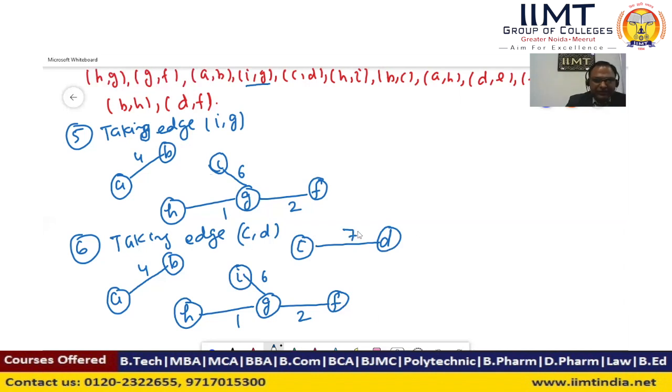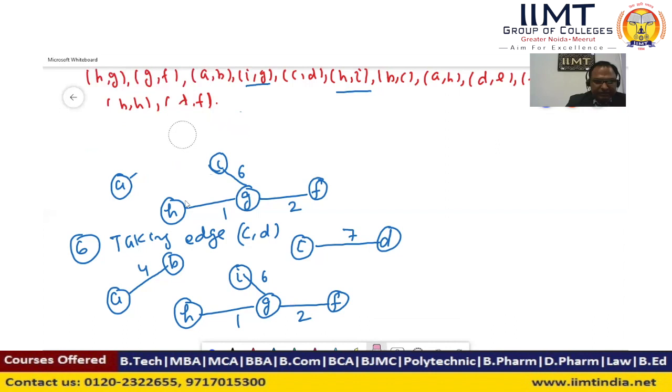The next edge is h comma I. Now this is the turn for this edge. We will select this edge, and let's see what will happen when we select it.